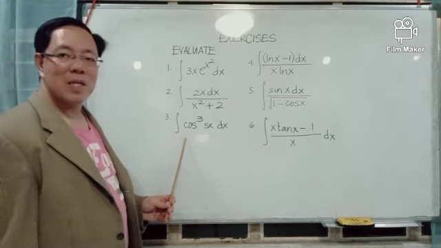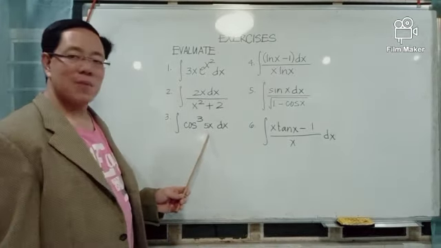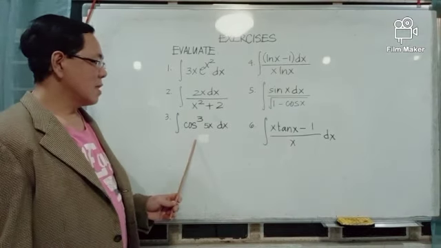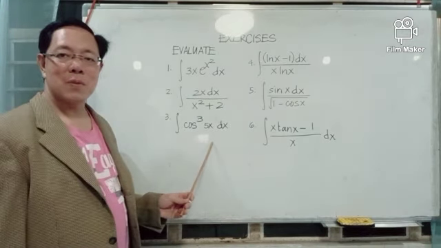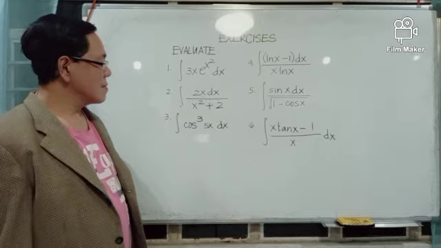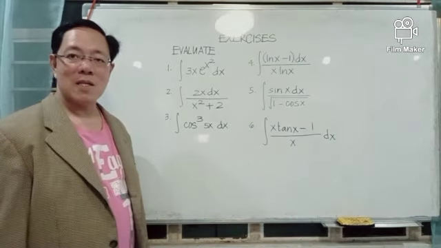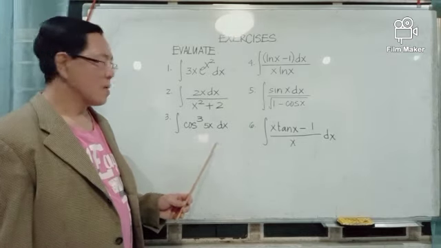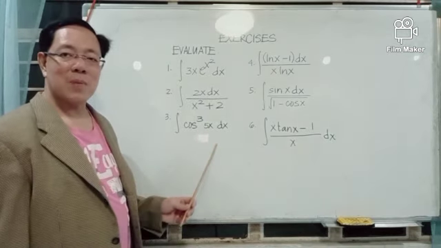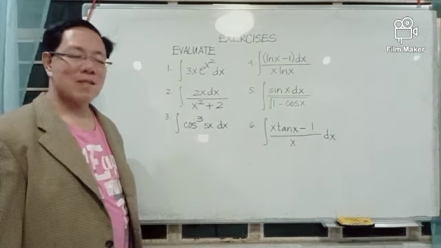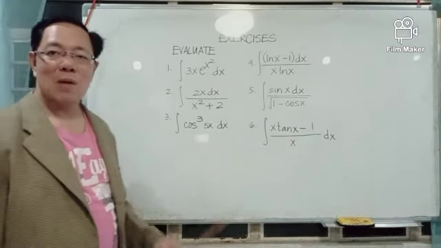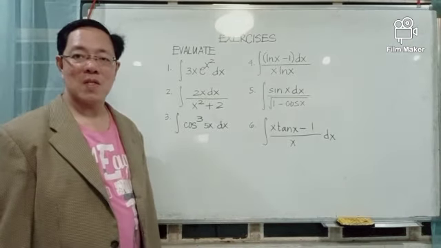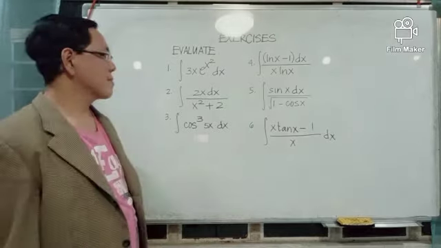Number 3, we have the integral of cosine cube 5x dx. In number 3, you have to use a Pythagorean identity. You write cosine cube 5x as cosine 5x multiplied by cosine squared 5x. Then you make use of the trigonometric identity for cosine squared 5x.